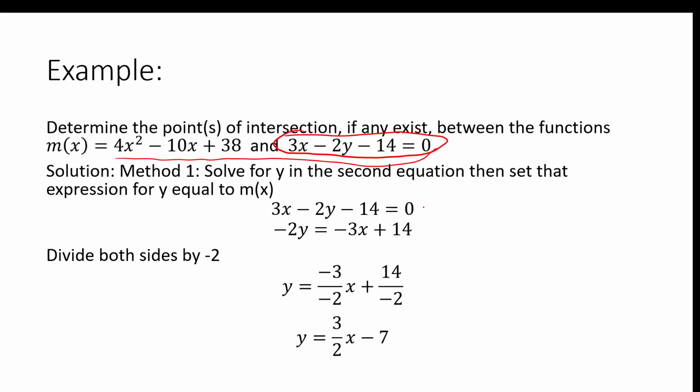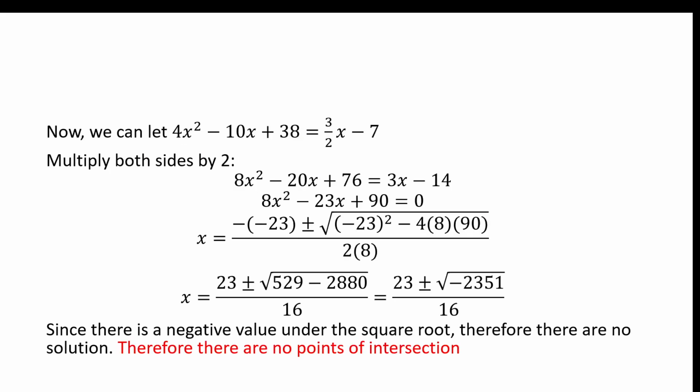So what we'll do is reorganize, getting y on one side. We'll isolate the y by dividing both sides by negative 2, and ultimately we'll see that y is equal to 3 halves x minus 7. We'll then take that 3 halves x minus 7 and set it equal to the y value of the parabola in the first function.